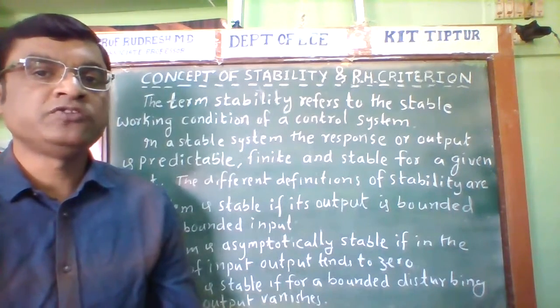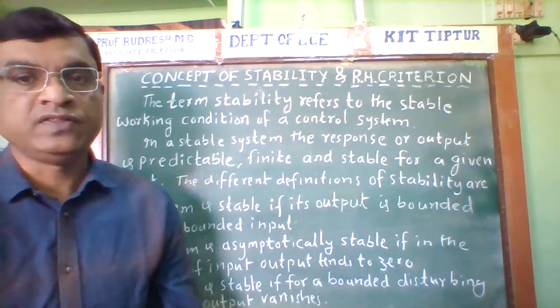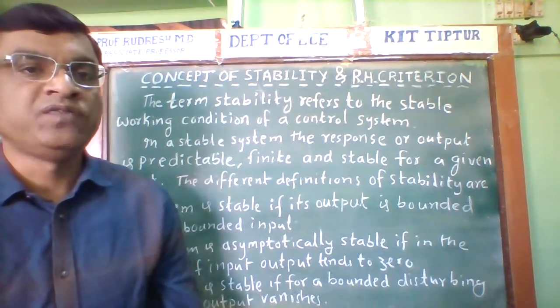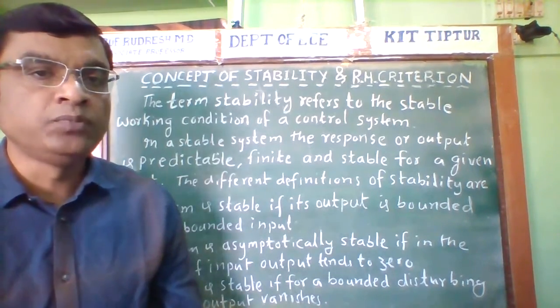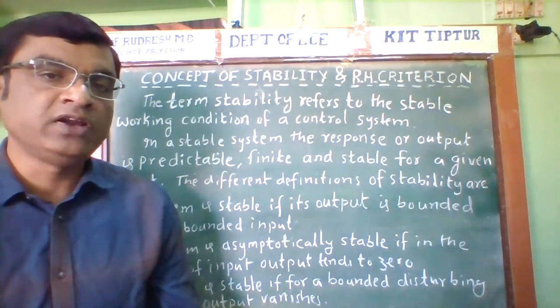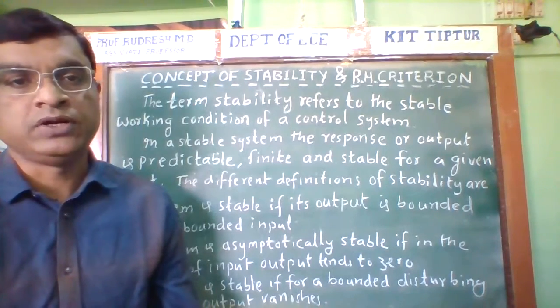That can be done by using various techniques. The first one is the RH criterion. The second is the root locus, Bode plots, polar plots and the Nyquist criterion. These are the various techniques to analyze the stability of a control system.